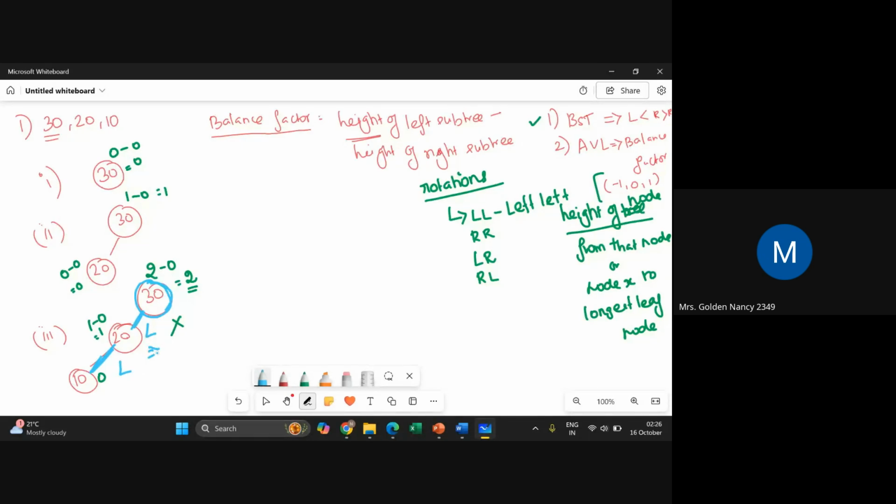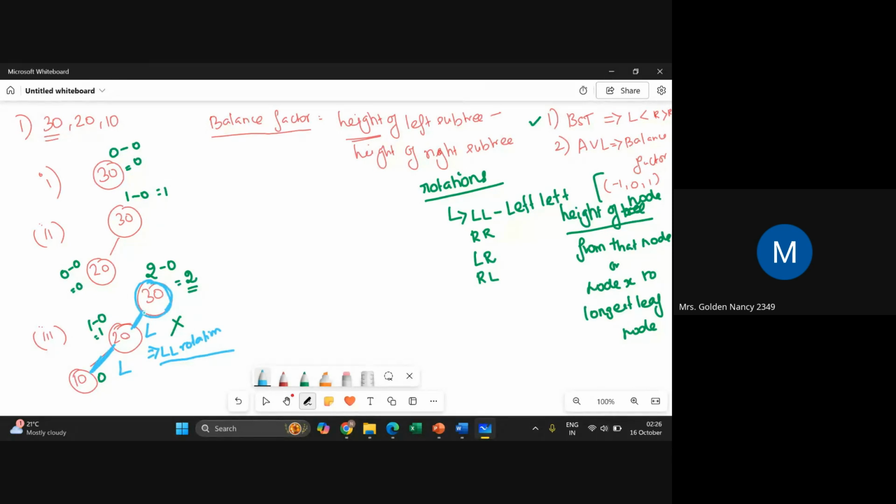So here you got an LL problem. When a node is inserted in the left of the left subtree, the balance factor is violated, and you can solve that problem by LL rotation.